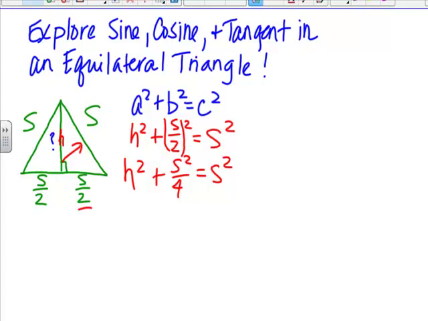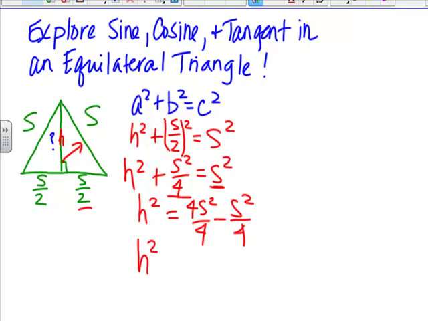And so now I have h squared is equal to, and I'm going to subtract this from both sides. So in preparation for that, I'm going to call this s squared 4s squared over 4, since 4 over 4 really is 1, minus s squared over 4. And so now I have h squared equals 4s squared over 4 minus 1s squared over 4, which would be 3s squared over 4.